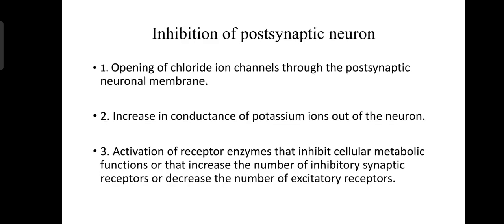On the other hand, the change can be inhibition of the postsynaptic neuron, resulting from activation of chloride channels or potassium channels, or a decrease in or change of the metabolic activity within the cells and the number of receptors present on the cell membrane.